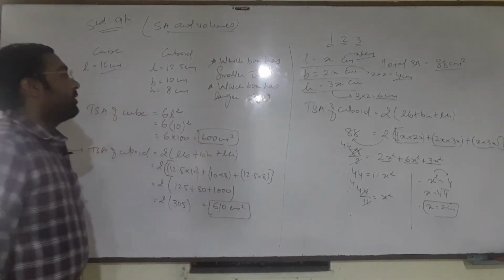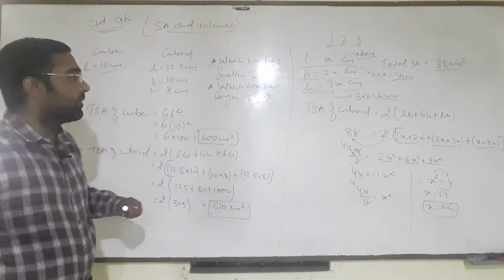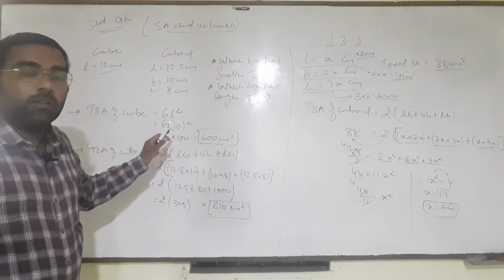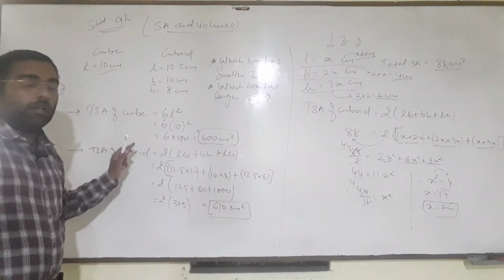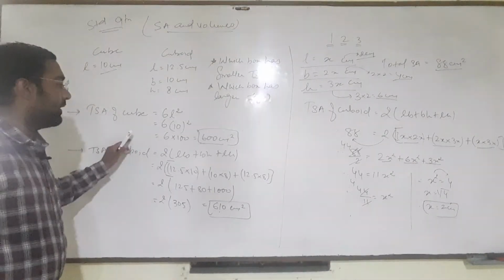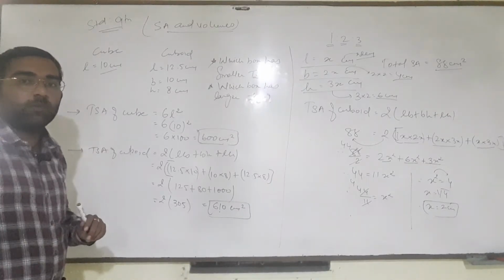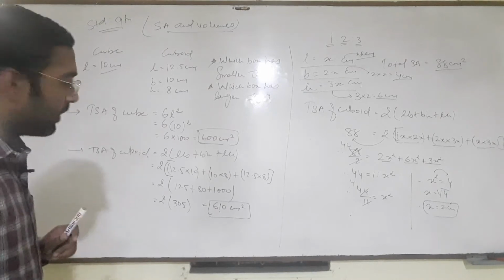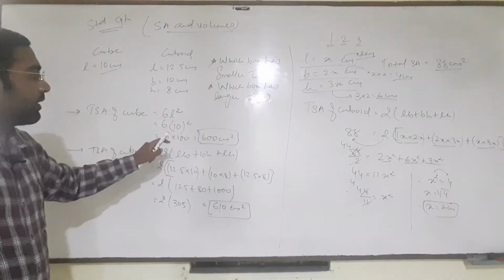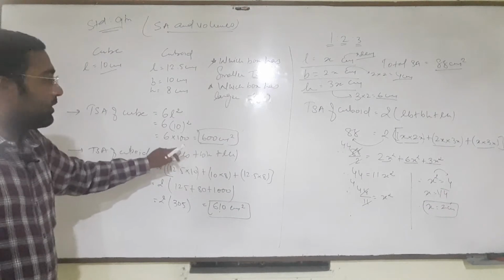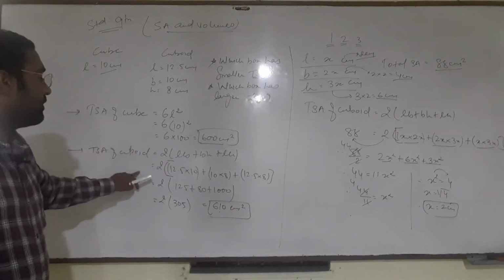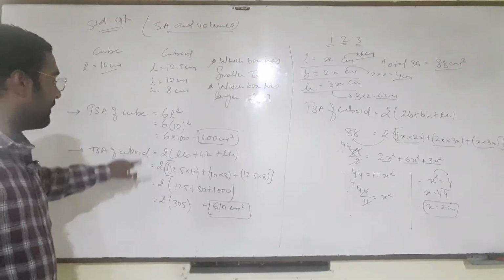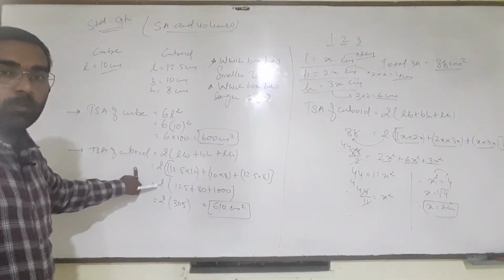Now for the total surface area, which one of them is smaller than the other? 600 is smaller than 610. 600 is for the cube, and 610 for the cuboid.